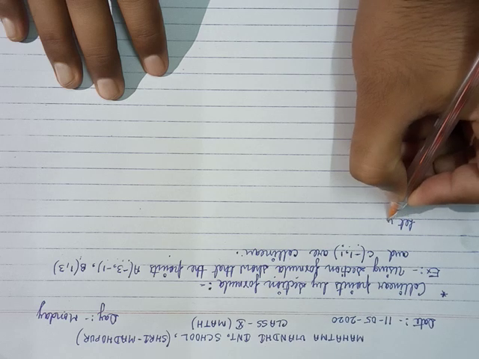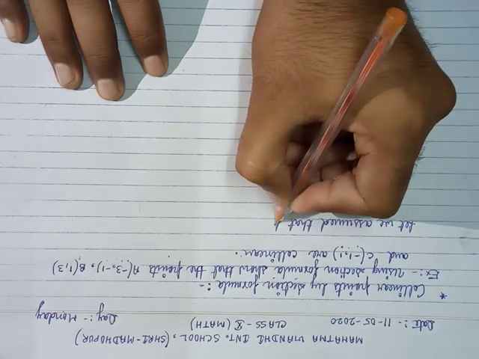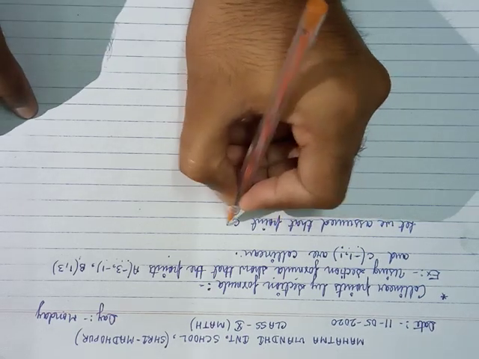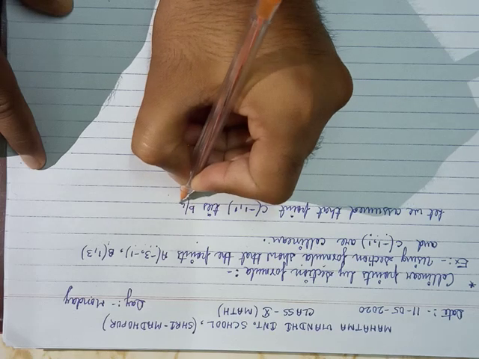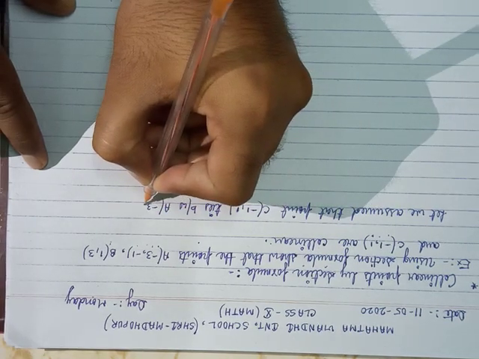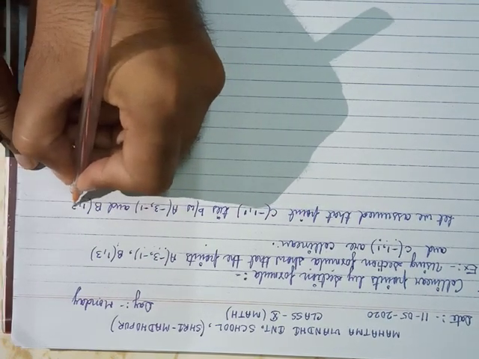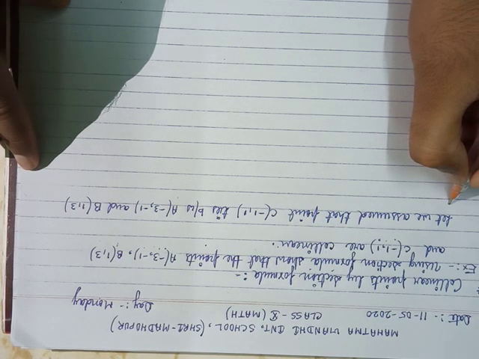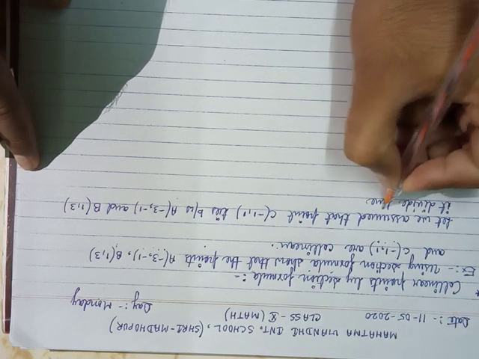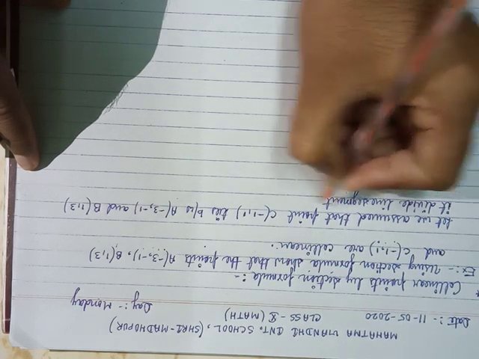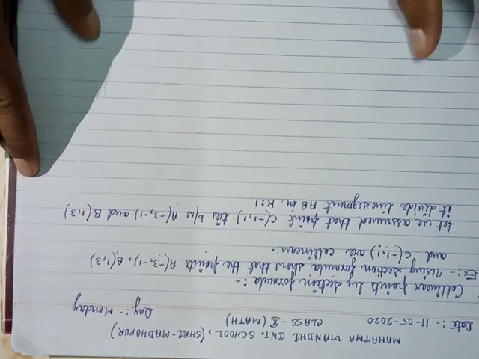Let us assume that point C, which has coordinates -1 and 1, lies between A (-3, -1) and B, which has coordinates 1 and 3, and it divides line segment AB in the ratio k:1.